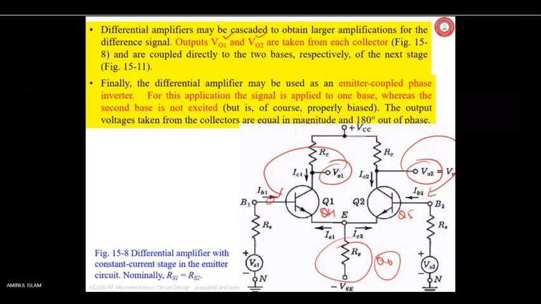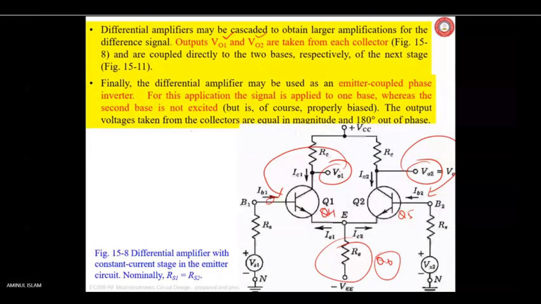Finally, the differential amplifier may be used as an emitter coupled phase inverter. For this application, the signal is applied to one base, whereas the other one is not excited, meaning it is grounded.